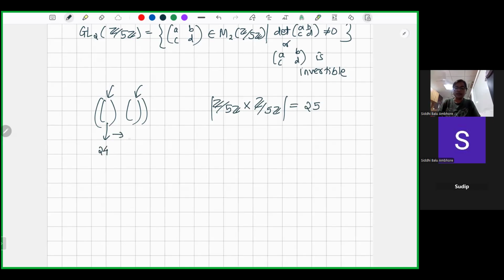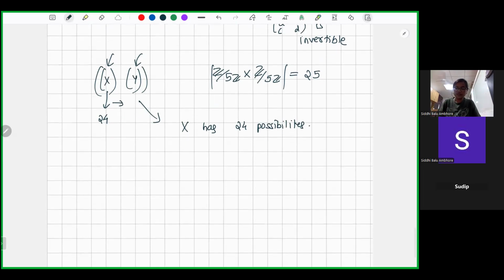Right. If I call them X and Y, then X has 24 possibilities. And if X is there, what will be the linear span of X over Z5?